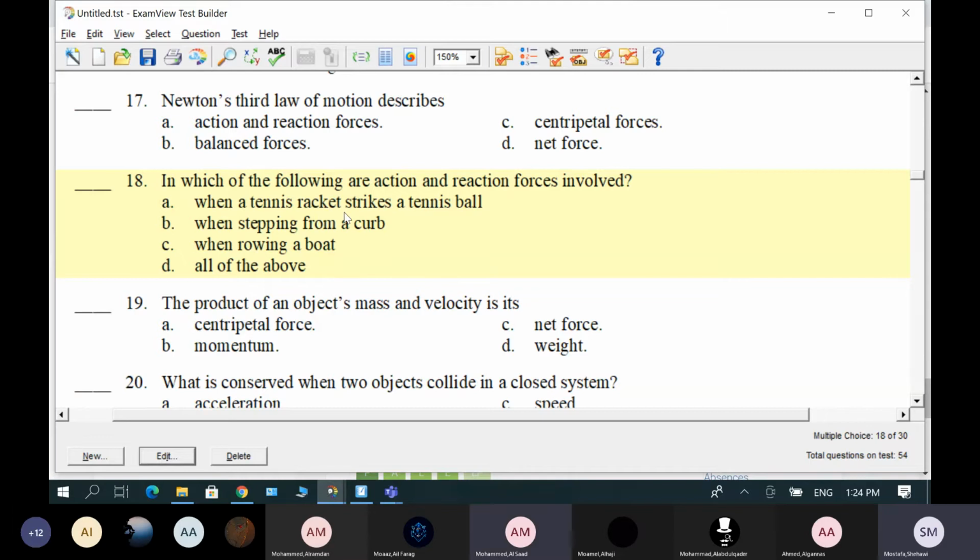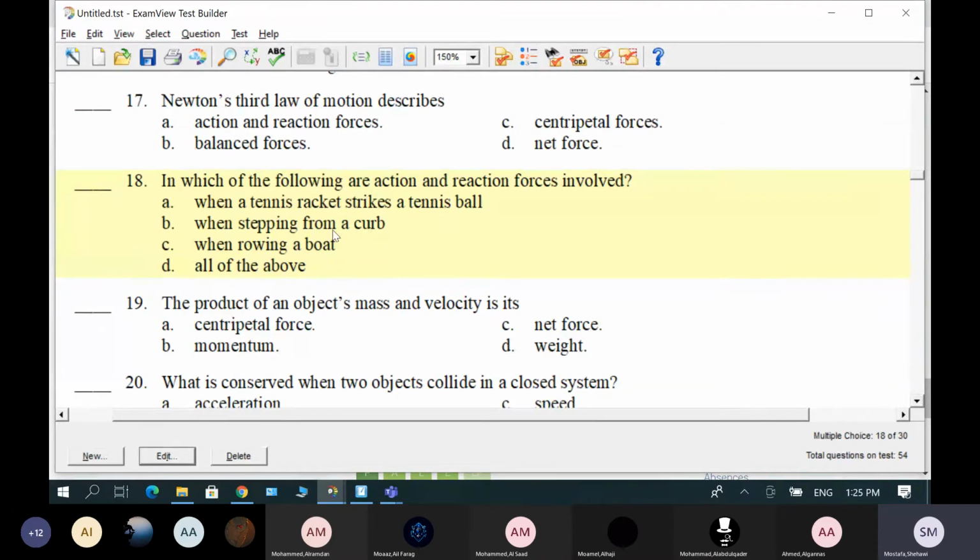Let me continue with you one by one. Taken case by case. When a tennis racket strikes a tennis ball, the racket acts on the ball by force, and the ball acts on the racket by an equal and opposite force. Action reaction. Stepping from a curb is also action and reaction.